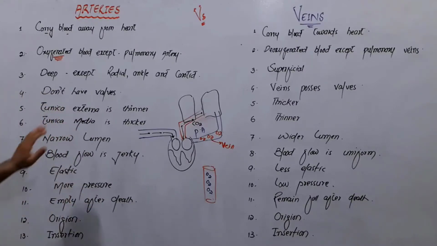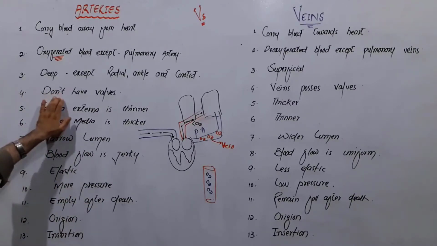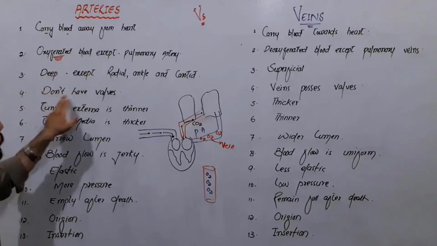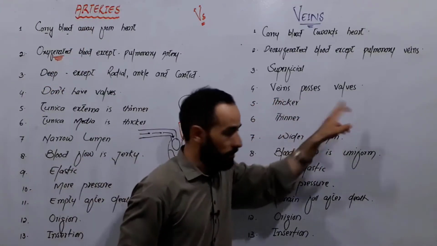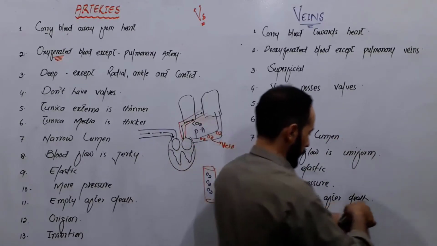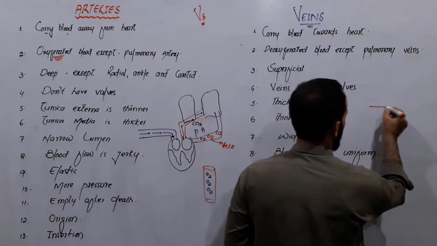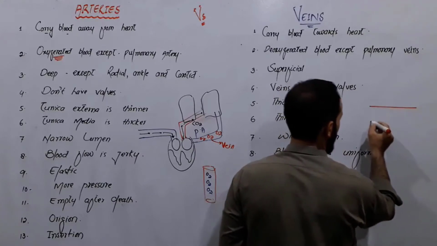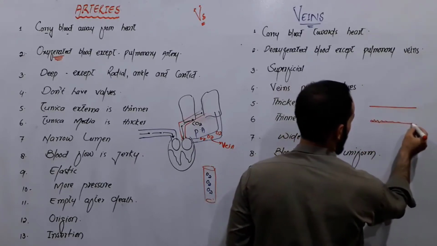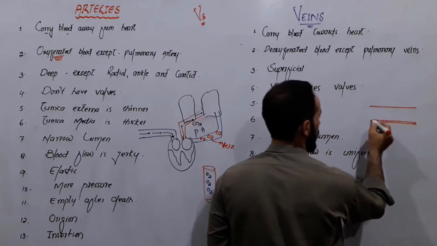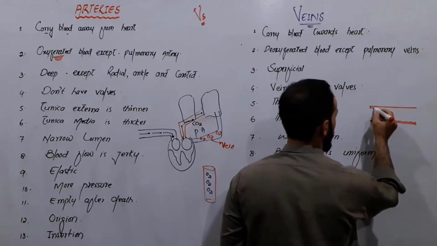Okay. The next difference is the fourth one, that arteries don't have valves and veins possess valves. What is a valve? Look carefully. This is an artery, right? This is its tunica media.